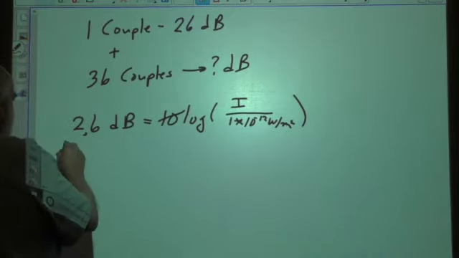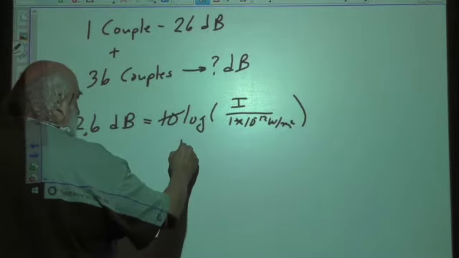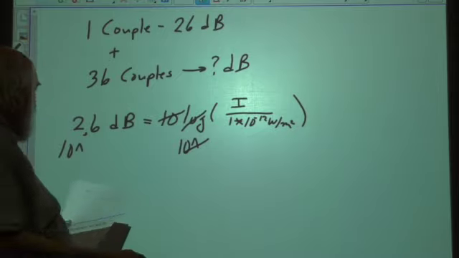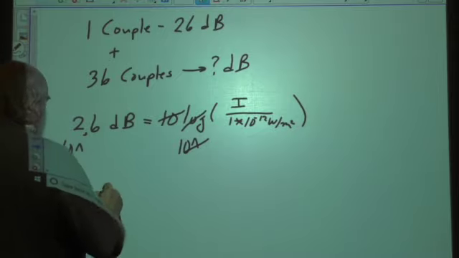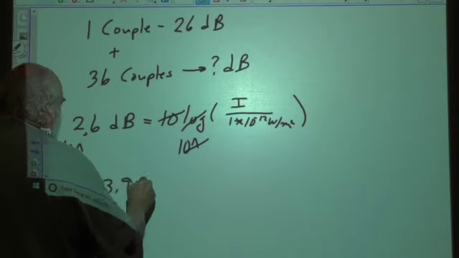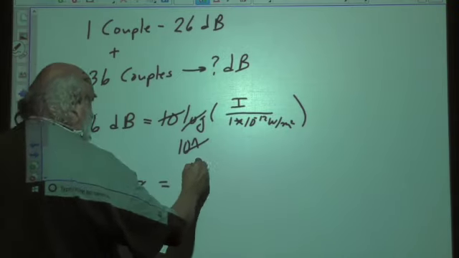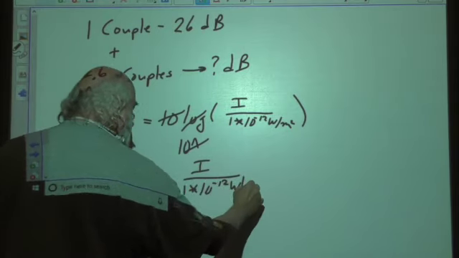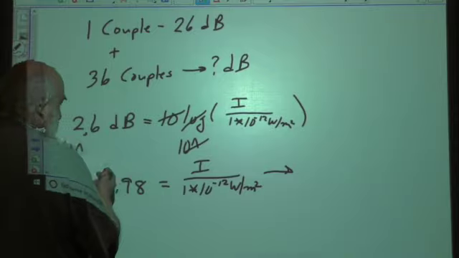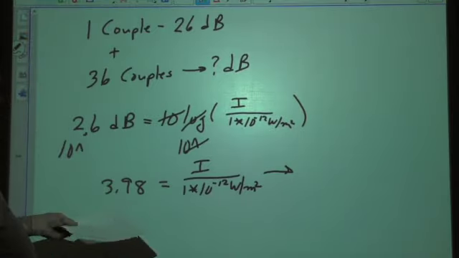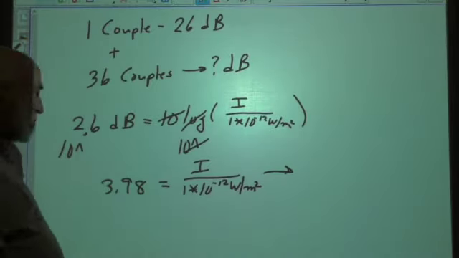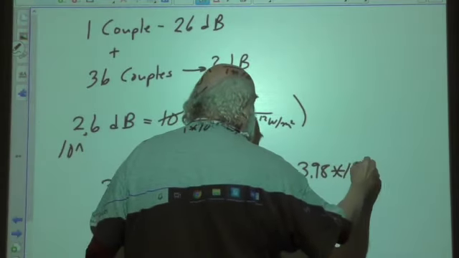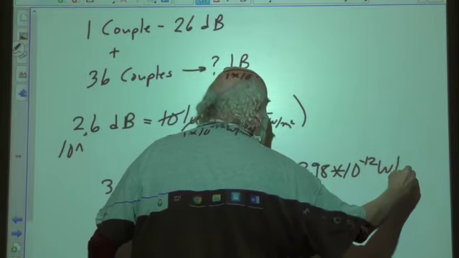And then take 10 caret of 2.6 and 10 caret of this conglomeration, which cancels out the log, which is why we did that. And it turns out that this is equal to 3.98, which equals I over 1 times 10 to the negative 12 watts per square meter. So I multiplied by this, and that's a very easy multiplication. 3.98 times 1 is 3.98. So that becomes 3.98 times 10 to the negative 12 watts per square meter.